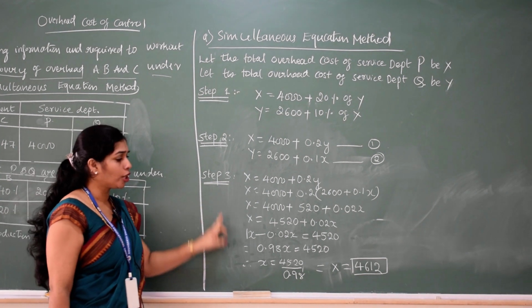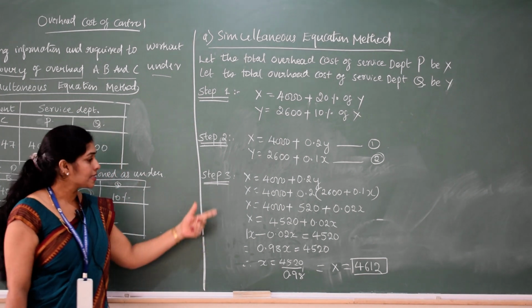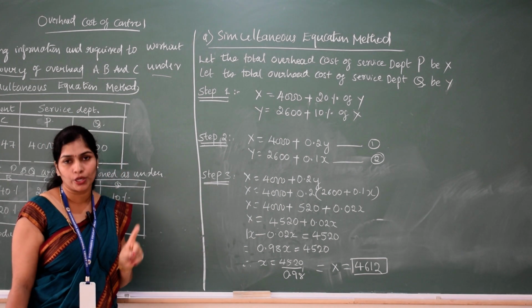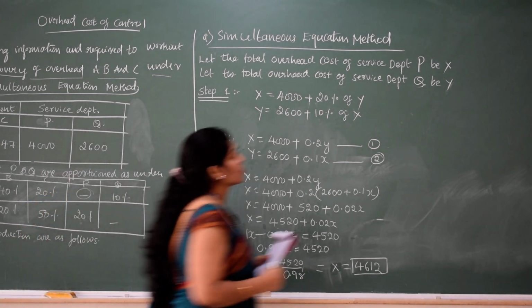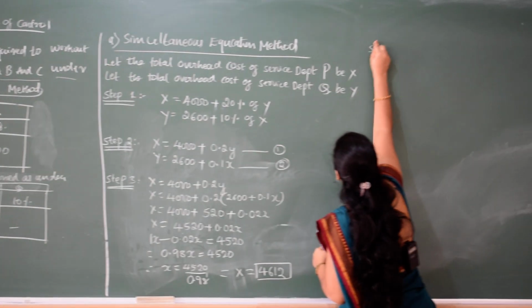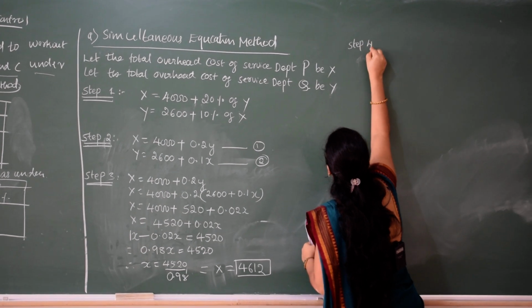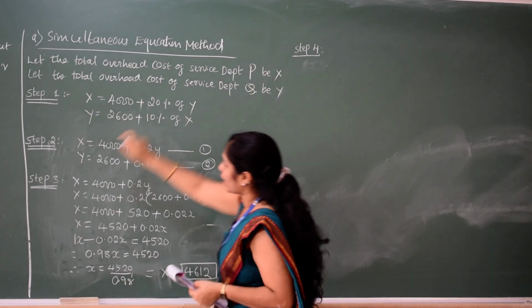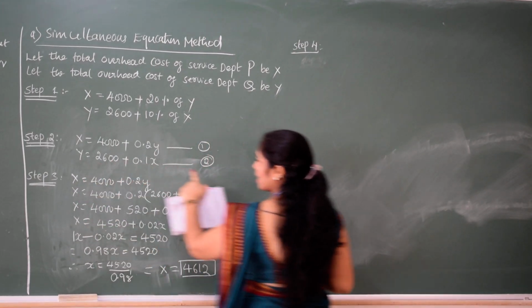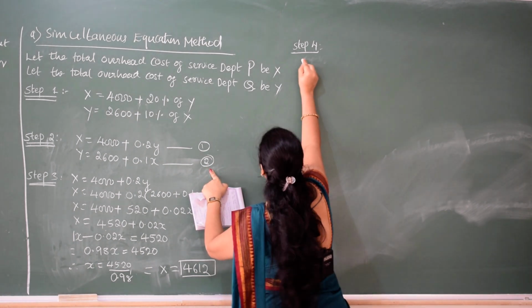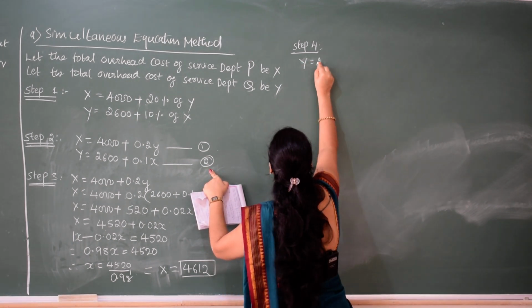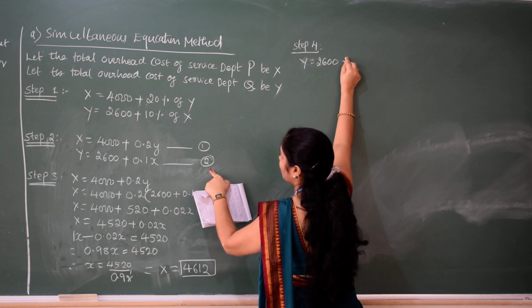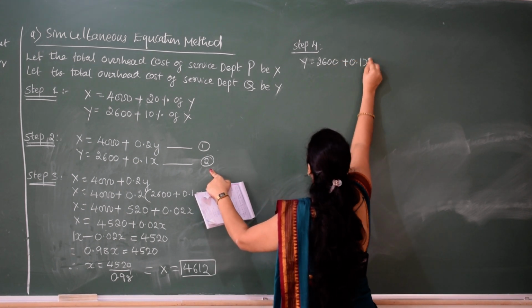So this is for the X value. Now we have got the X value. Next, step 4, you have to find out the Y value. Write it here, step 4, Y value. For the Y value you take the second equation, that is Y is equal to 2600 plus 0.1X.